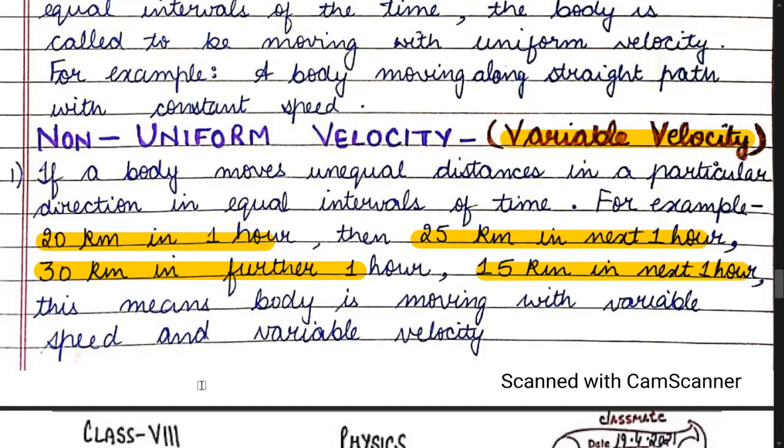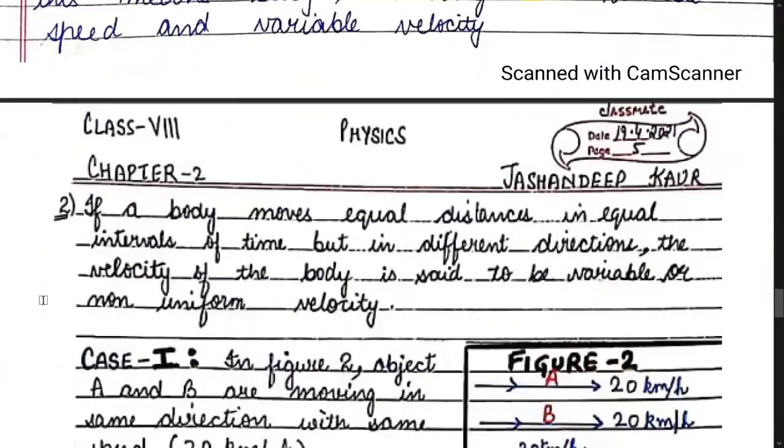Is the speed constant? No, the speed is also changing. Since speed is changing, velocity will also change. So this first example is an example of variable velocity. Here speed is varying as well as velocity is changing.